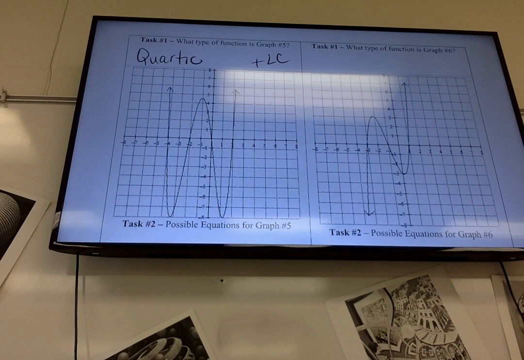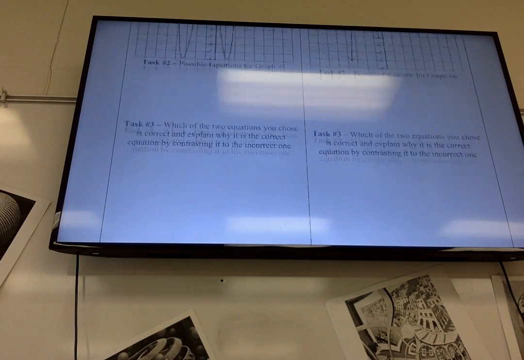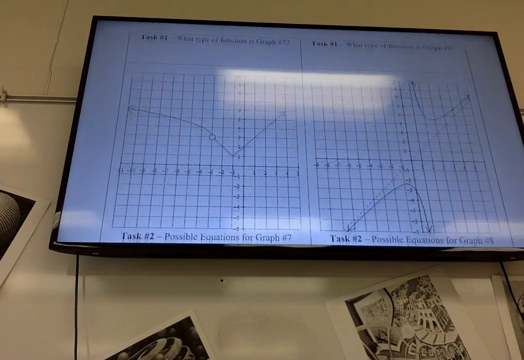Okay, what about graph 6? That is a cubic. And again, you're going to look at leading coefficients. If it goes up on the right, it's a positive. If it went down on this side, then it would be a negative leading coefficient. This one's going up, right?